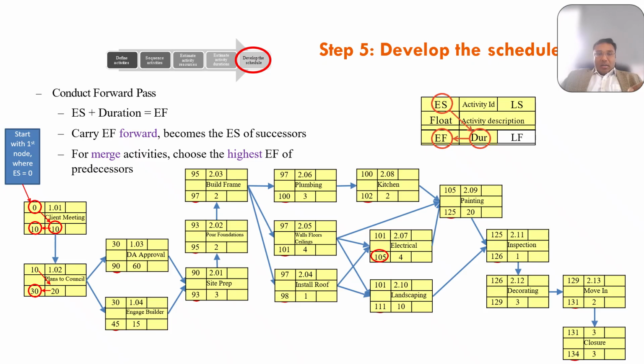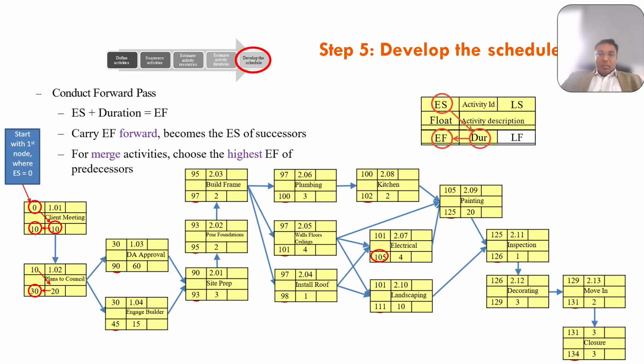If you look at the third, there are parallel branches that take you to DA approval and engage builders. These two can be worked on simultaneously, and the duration of DA approval is 60. The early start is 30 because 30 is the finish of plans to council. Unless you finish your predecessor, plans to council, you can't start DA approval. So the early start is 30 for DA approval, and the same for engaging your builder, 30.